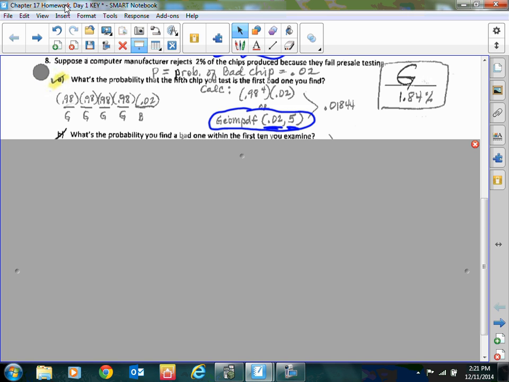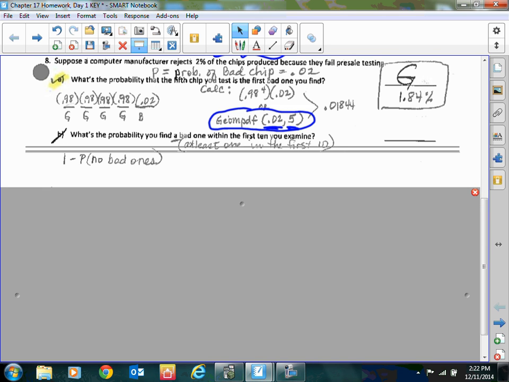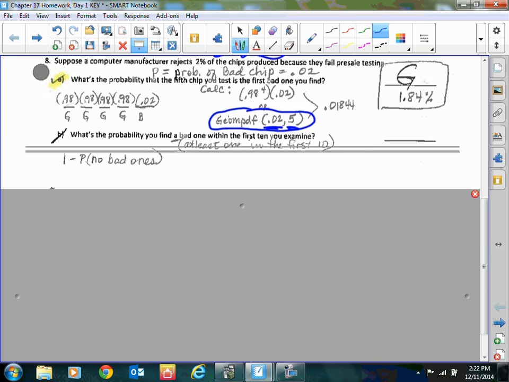Geometric what? Okay, so you thought that if you're going to find a bad one somewhere within the first 10, you're interpreting that as it could be in the first spot, second spot, third spot, and so on. Is that how you interpreted that? Well, you can do that. You can say there should be the first bad one occurring somewhere in the first 10.